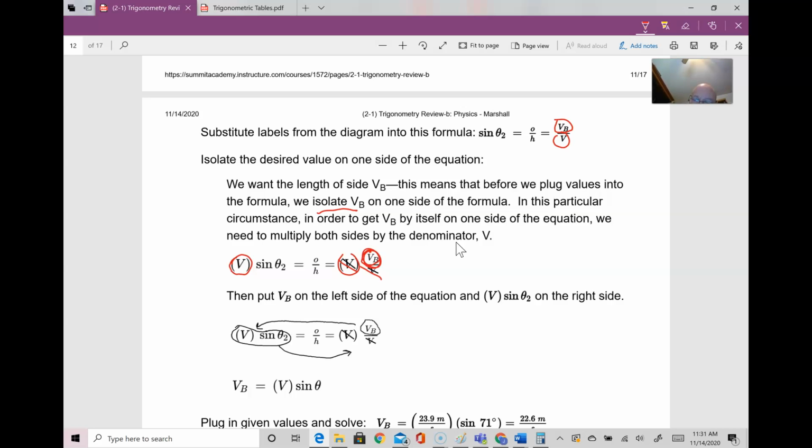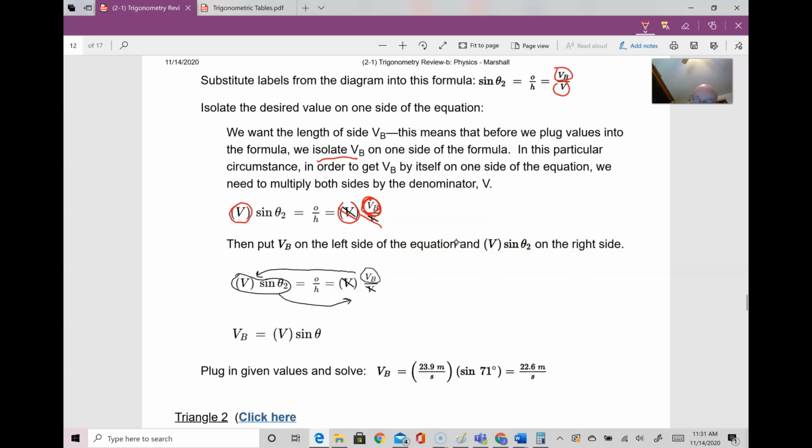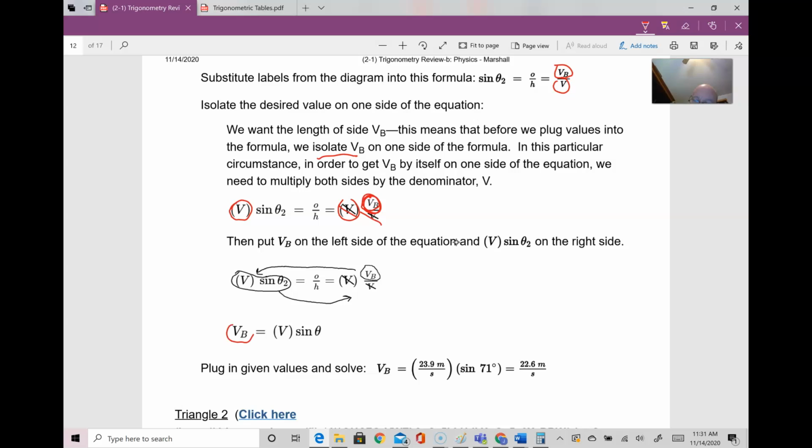But I like to put my isolated variable on the left side of the equation, so I'm going to switch these. I'm going to switch VB over to the left side, and V times the sine of theta 2 over to the right side. Now I've got a formula that I can easily solve. VB equals V times the sine of theta. That should be theta 2.